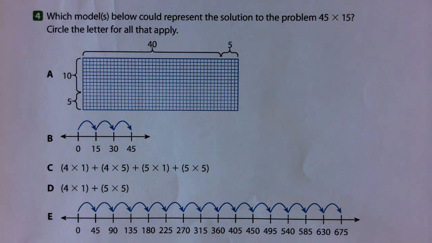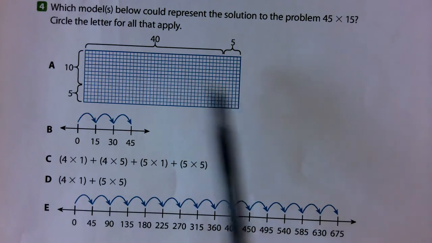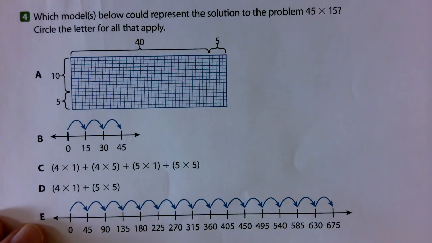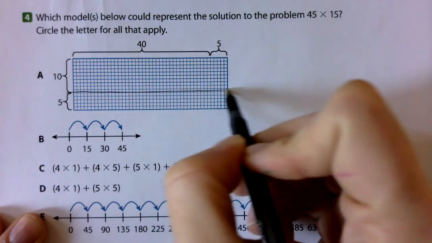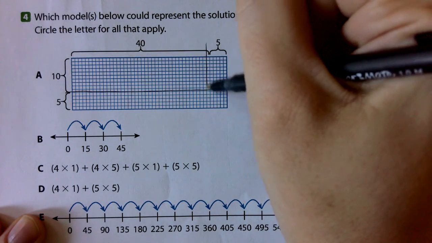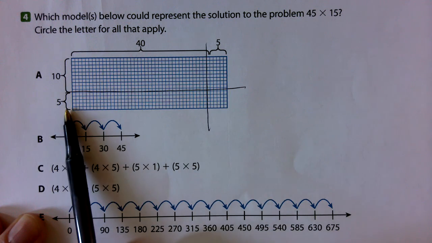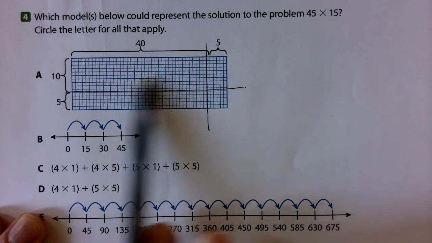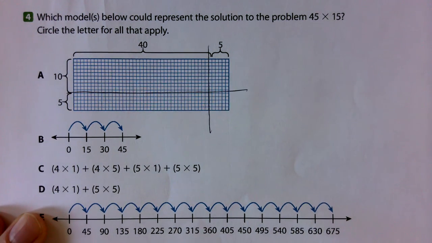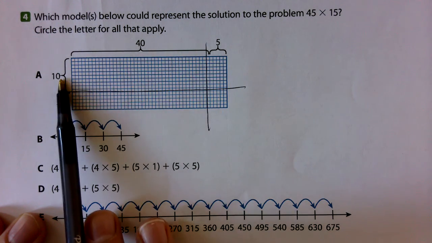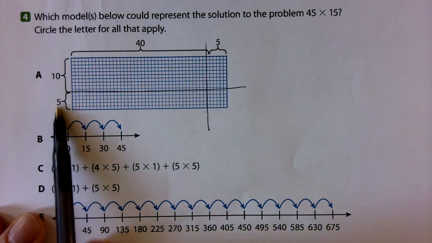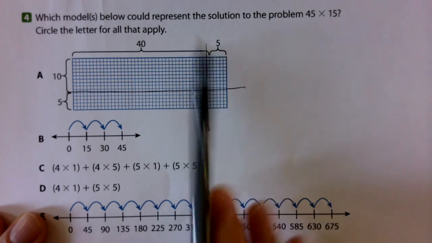So it looks like we have a grid. Now, does this look kind of similar to what we did before? Look, if we drew a line where these were, you would see that it looks just like that area model, right? We have the 40 plus the 5, and then the 10 plus the 5 here for 15 and 45.